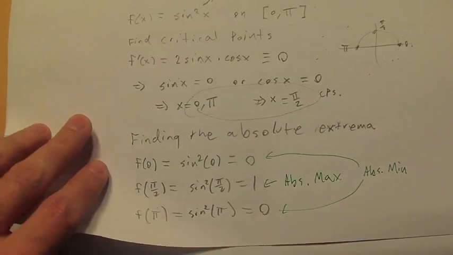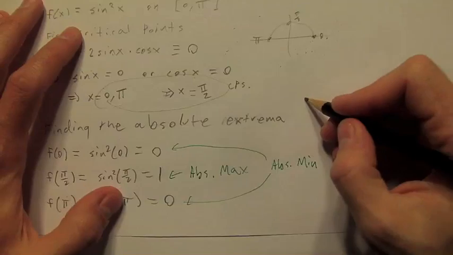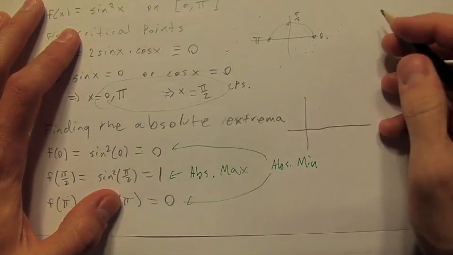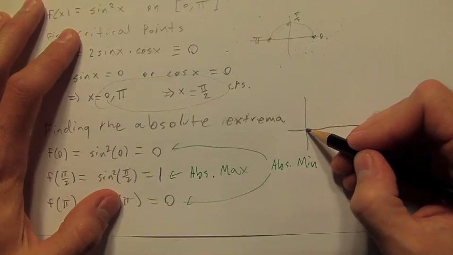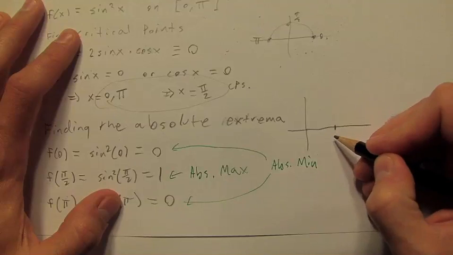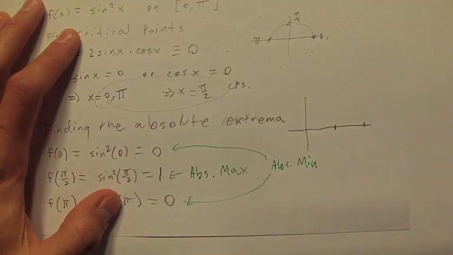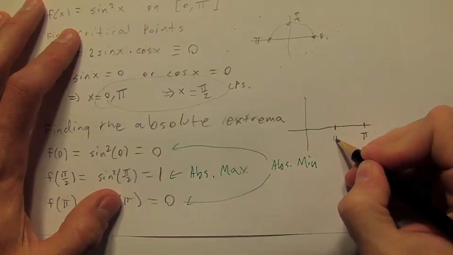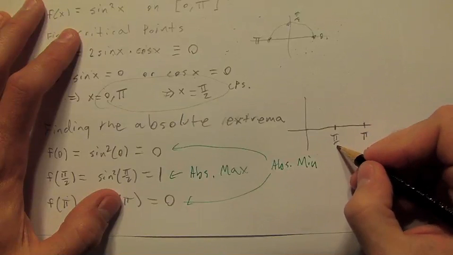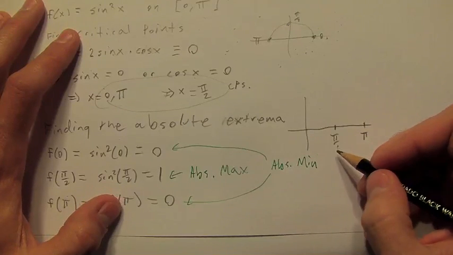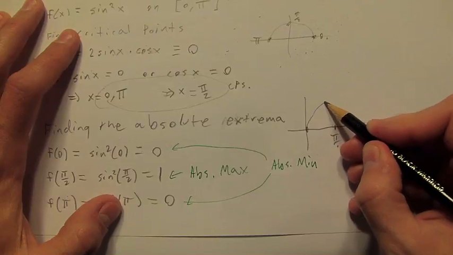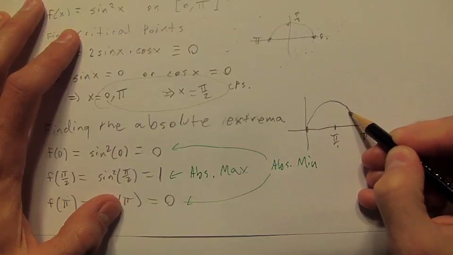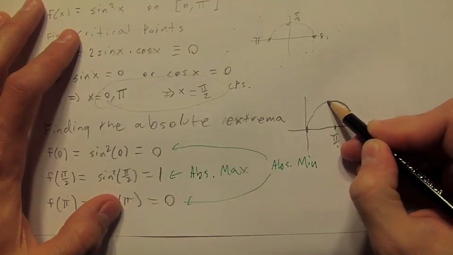And the graph of this, sine squared from, say, 0 to pi, is going to look something like this.